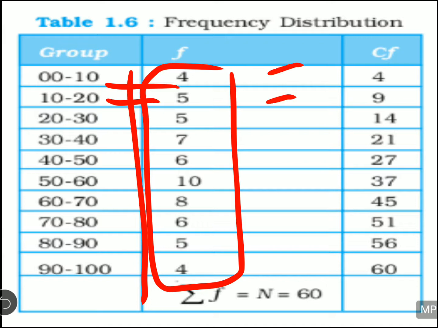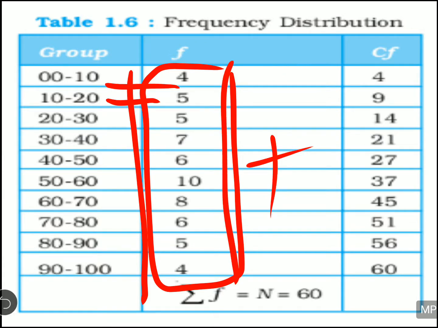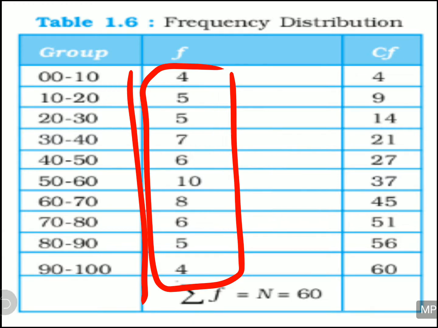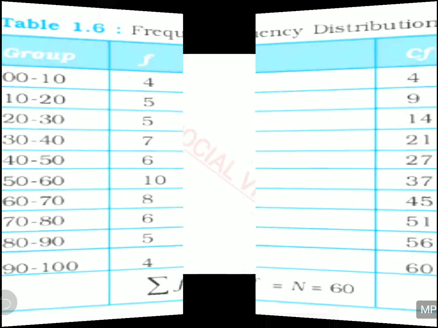This all is frequency, the number of individuals in each class. And when you total all this frequency, you will get sigma F or N, which will be equal to 60 when you add them. Alright, so this way you get your simple frequency.